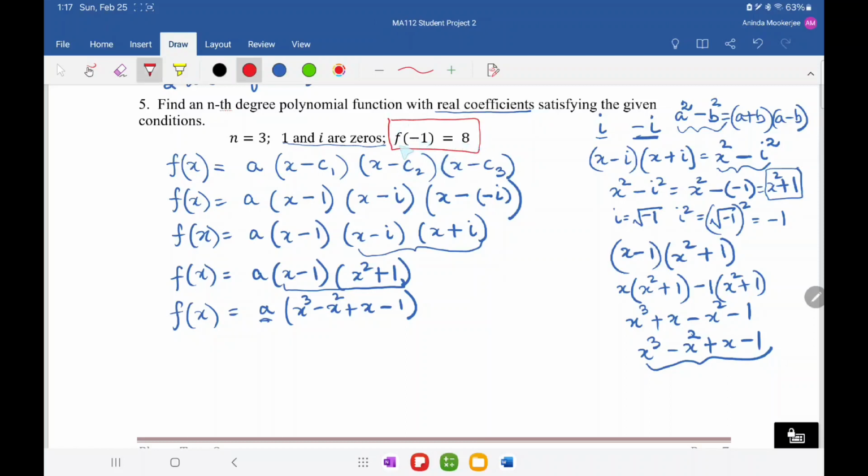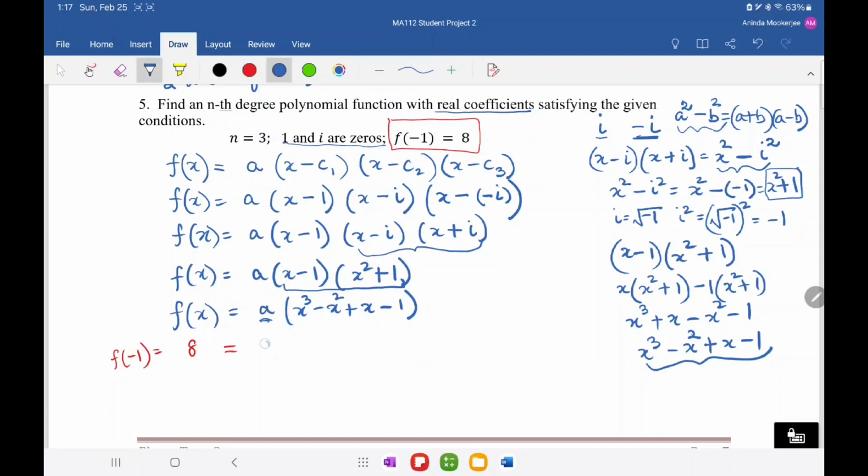All right. So what this says is when you plug in -1 into this function, then it should yield a value of 8. So f of -1 should be equal to 8 when I plug in -1. So I don't know the value of a.